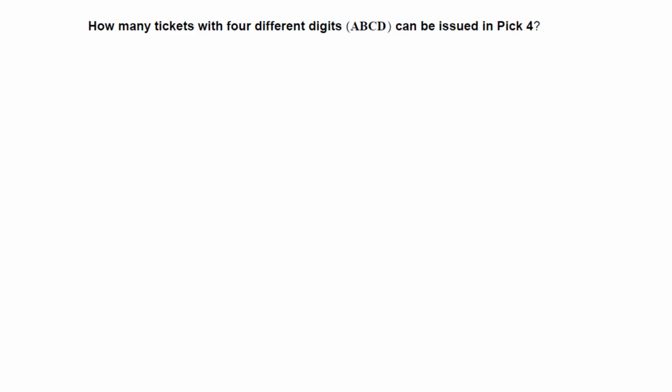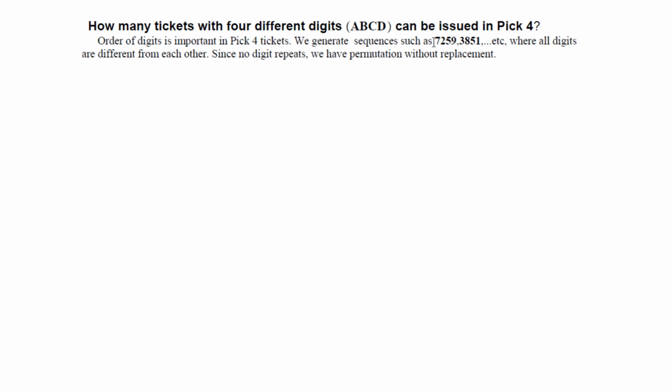Another question: how many tickets with 4 different digits in the form of A, B, C, D can be issued in Pick 4? A ticket such as 7259 has 4 different digits, with no repetition of the digits, which means we have the case of no replacement and it is ordered, so we can use the permutation without replacement formula.